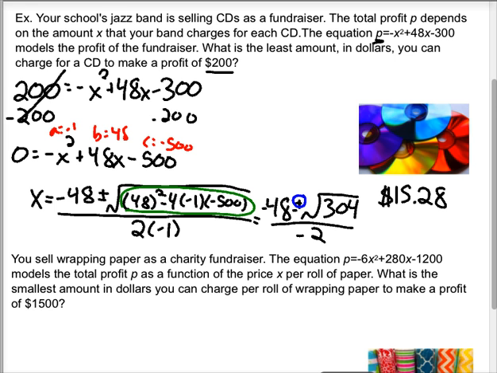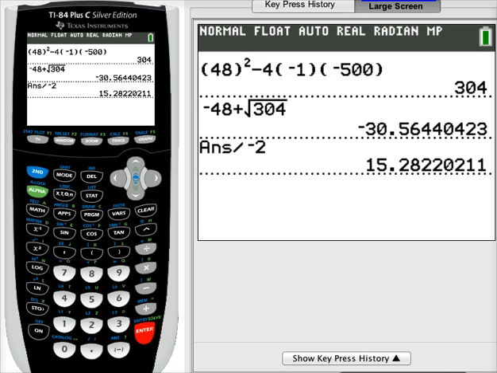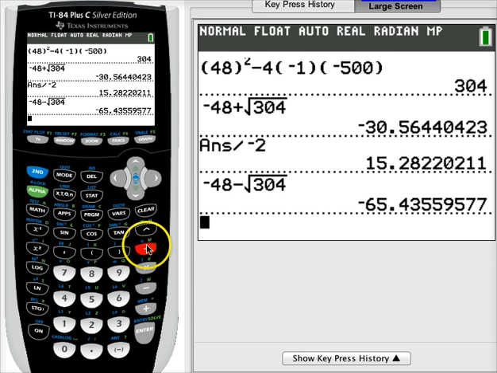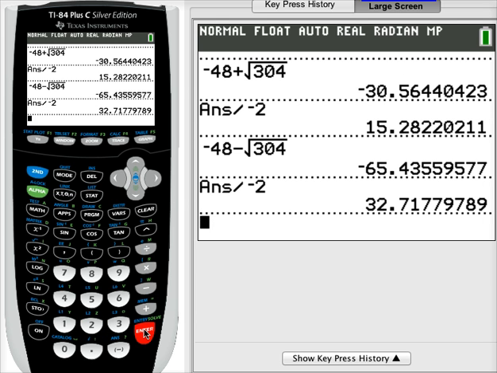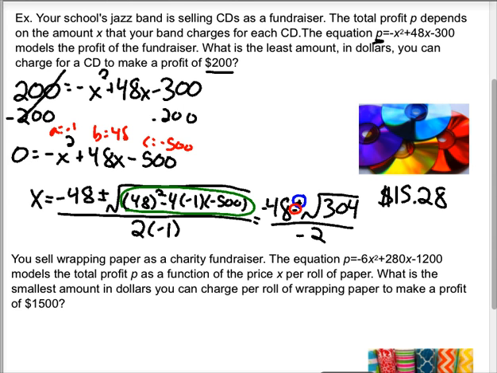That's one answer, but then we also need when we're subtracting. So you need to type that into your calculator. So negative 48 minus square root of 304, and then divide by the negative 2. $32.72.